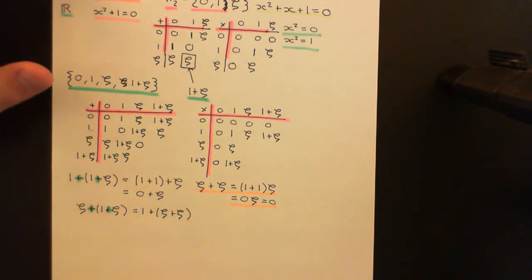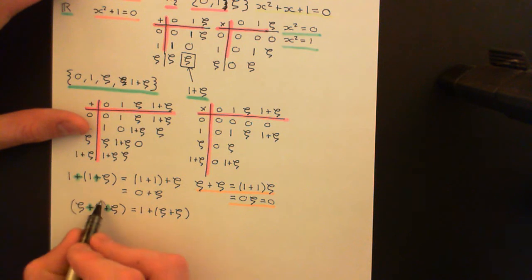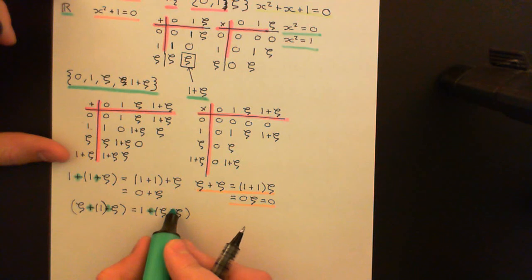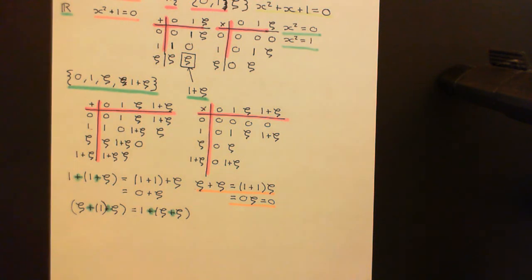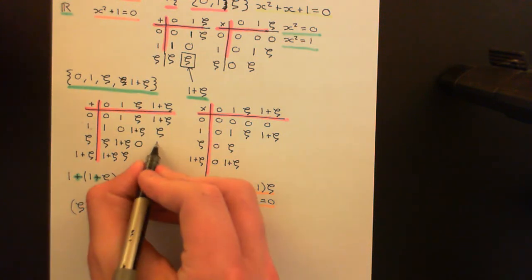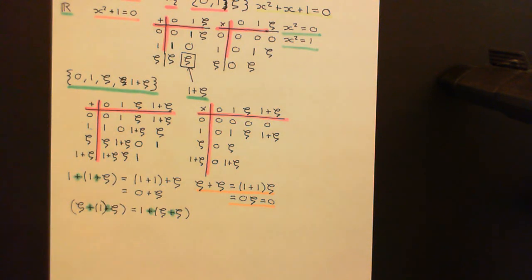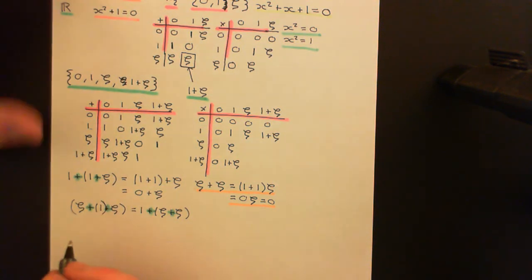So you can reassociate to get the brackets around those, commute them around if commutativity is going to be true, and then reassociate to have the brackets around zeta plus zeta again. So if we want addition to obey the axioms of a ring, it better be the case that this is true. Zeta plus zeta, of course, is going to equal 0. We've just done that one. So we now have 1 plus 0, which of course is just 1. So the answer there is 1, and then again, if we want it to be commutative, the answer here will be 1.